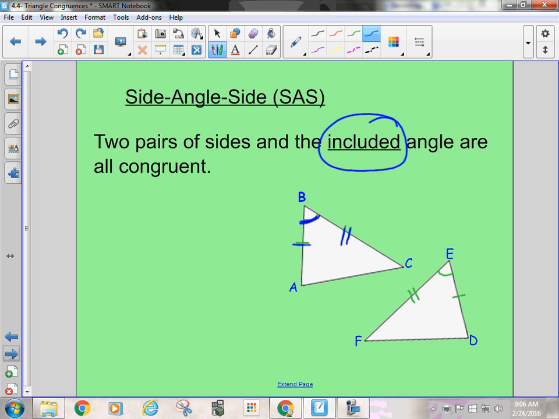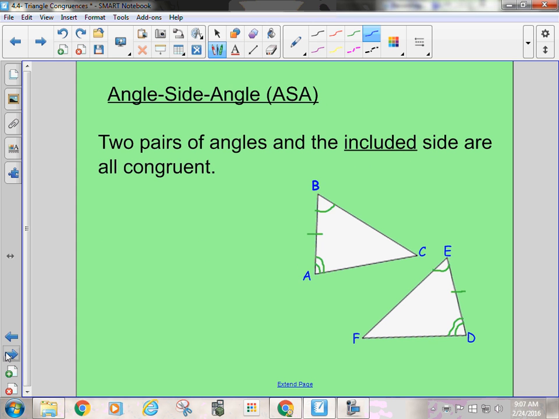If those 3 things are congruent, then I can say my triangles are congruent. So triangle ABC is congruent to triangle DEF. Again, I'm making sure that my things are lining up. If they don't line up in my congruence statement, my triangles are not congruent, even though they look like it.